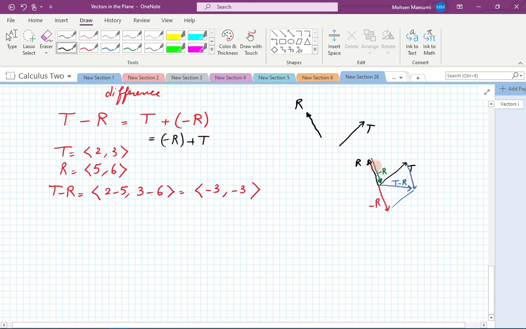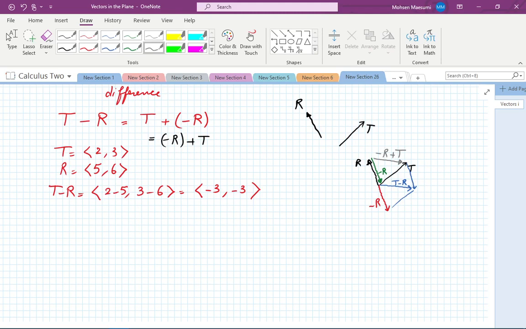That is, I can follow this green followed by this black. So what I get is this vector. So minus r plus t is the same as t minus r. So this edge of this parallelogram and this one are the same thing. So when it comes to subtraction of the two vectors, you need to practice it in a few diagrams to become comfortable with the operations.